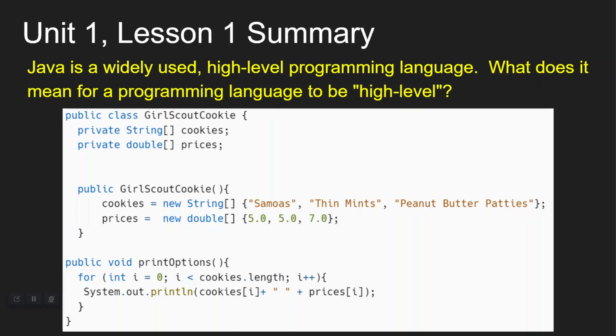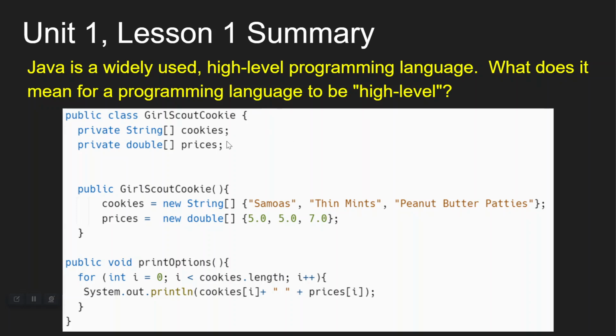Assuming that you paused the video and looked things over, you probably were able to figure out that this is most likely a program designed for ordering Girl Scout cookies. That's because this is a high-level programming language. What that means is it has a lot of abstraction.